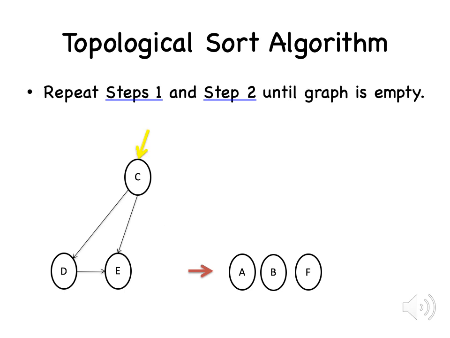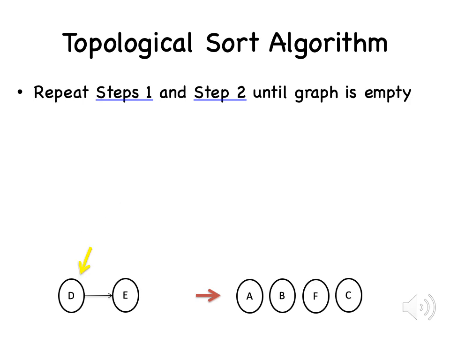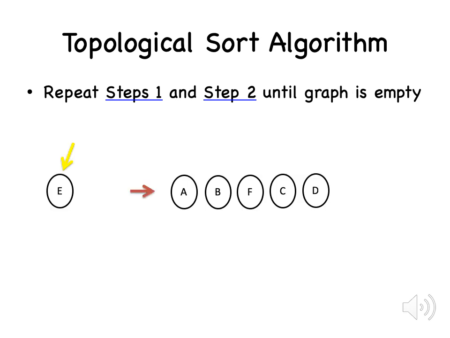We can take C, or you can take F directly, no issues in that. We have taken F because when you take C, after drawing completely, the edge goes backward, which is not suitable. So F is taken, C is removed. Now D and E remain. D is taken, and similarly the last one, E is taken, and so the final result is A, B, F, C, D, E.